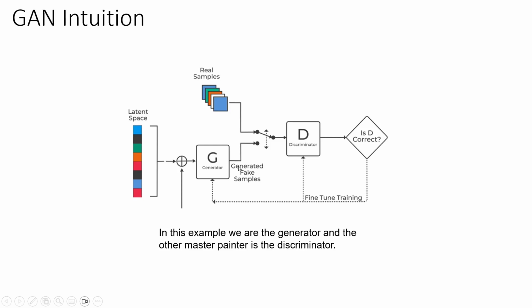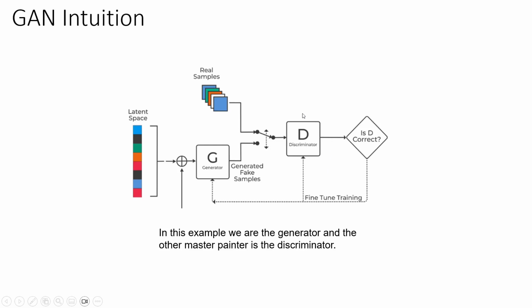Okay? And the basic idea is you feed the generator with random noise. That's the same as the fake money or forged money example at the very beginning of the lecture. You feed the generator with random noise, and then the generator generates a fake image.